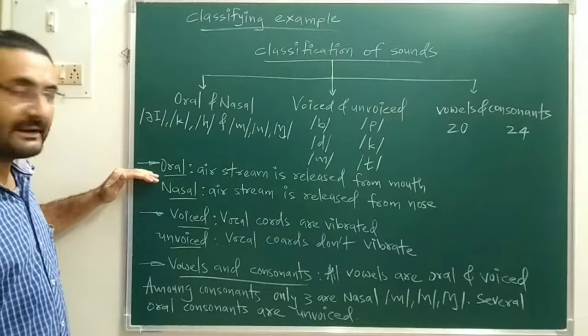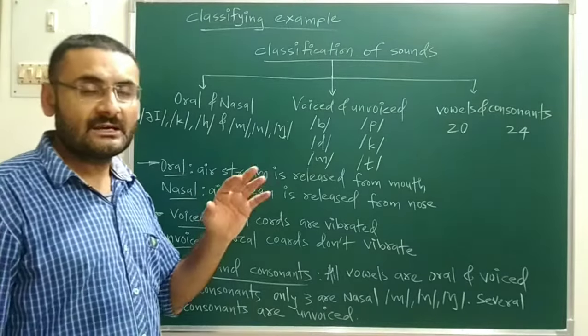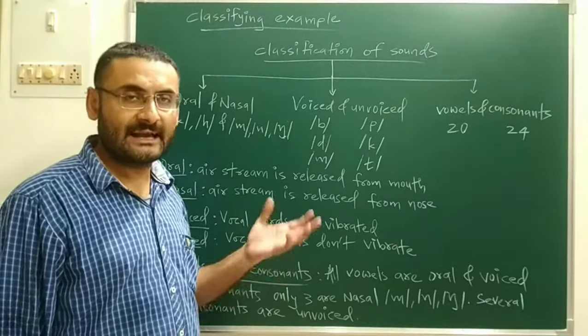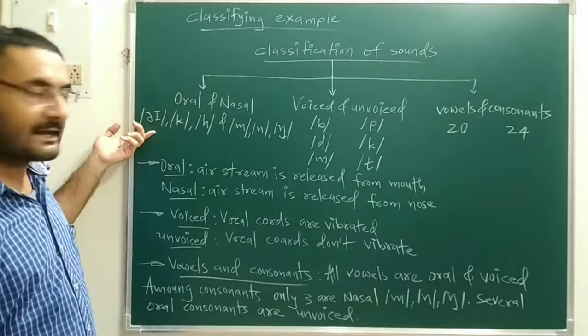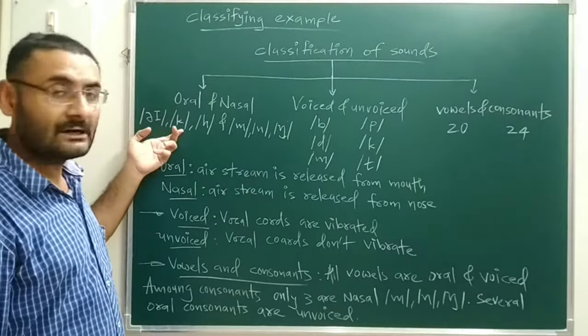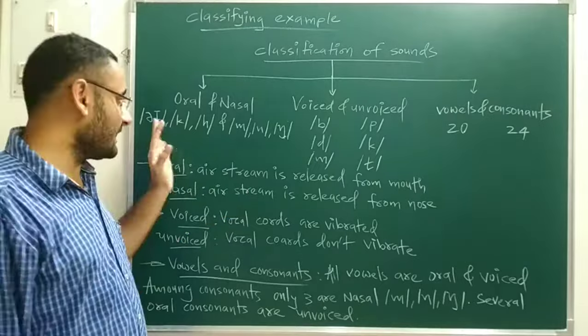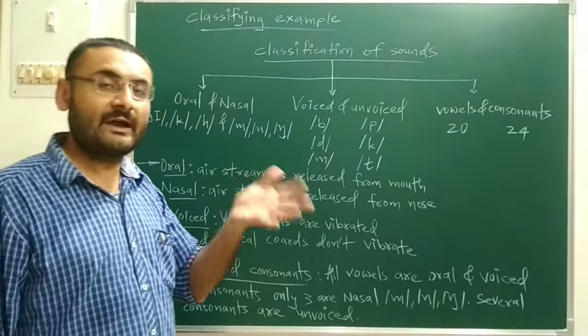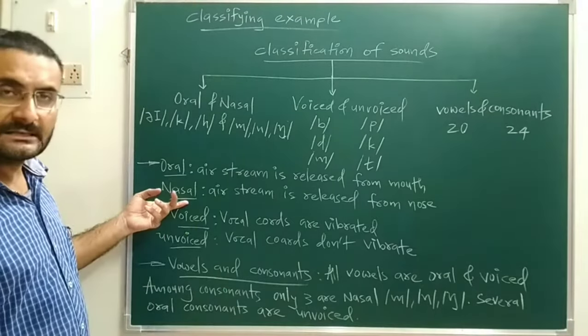After that we will write about oral sound. Oral sound means when a stream of air is released from your mouth. For that purpose there are examples like a, ka. These are sounds we can produce when air is released from our mouth. Next is nasal sound.